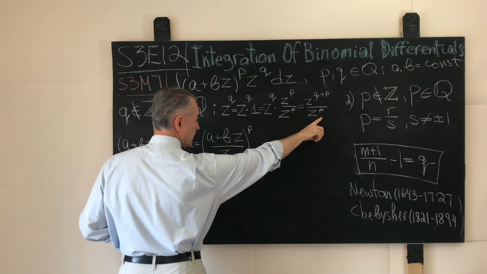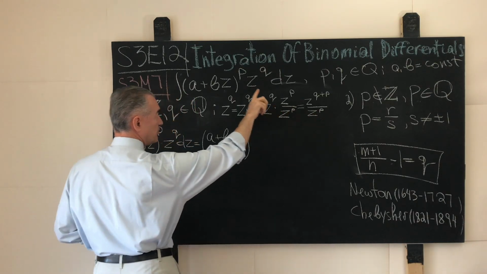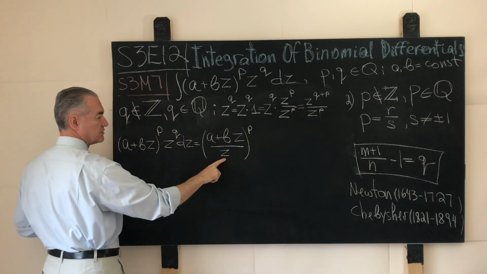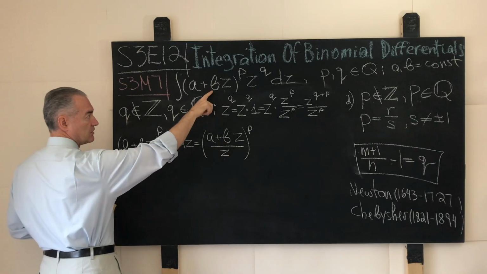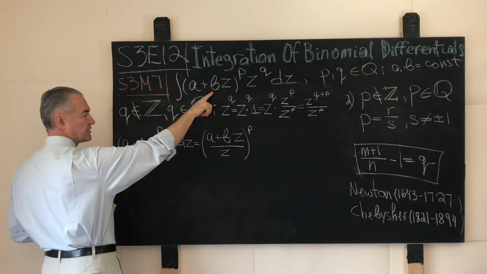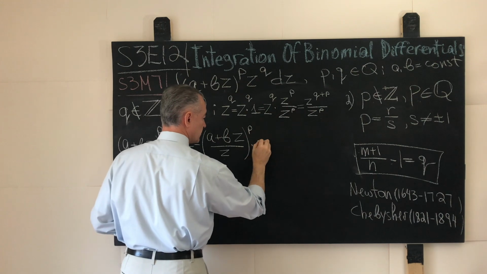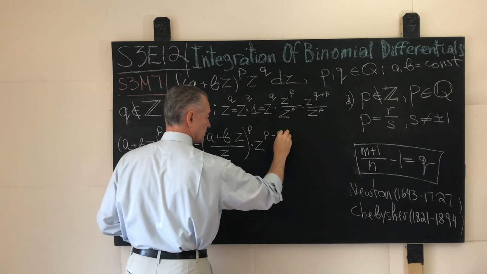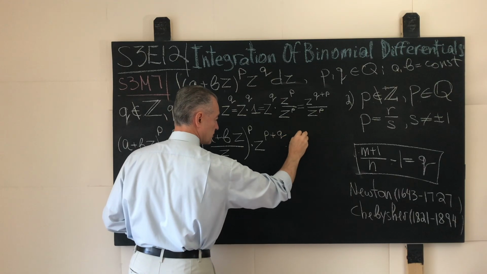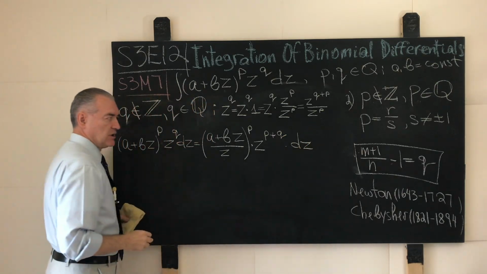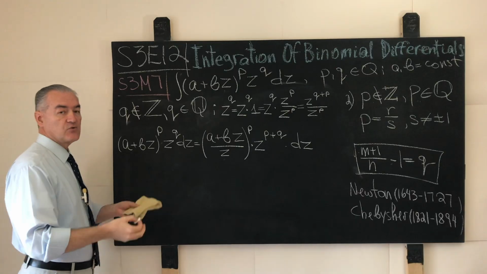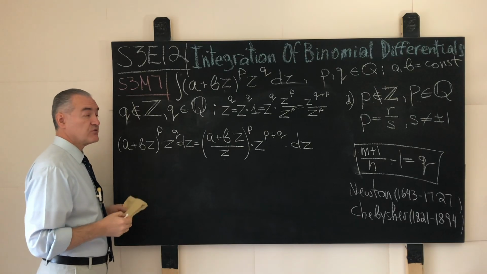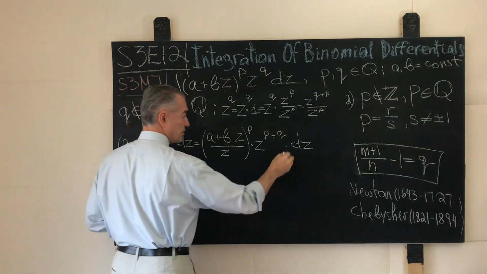You see, this z raised to the power of p crawls under into the denominator of this linear combination times z raised to the power of p plus q times dz. And again, from the theory of integration of rational functions, we already see where this is going.